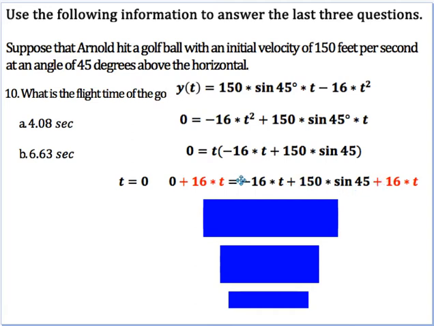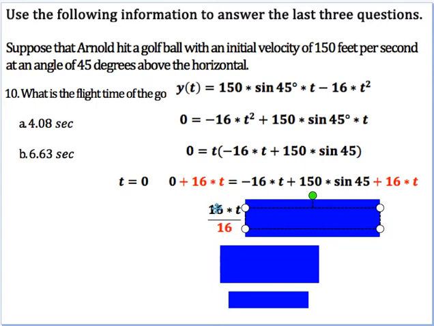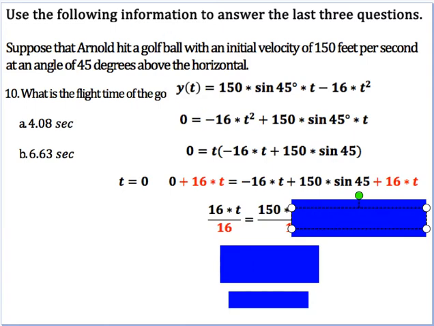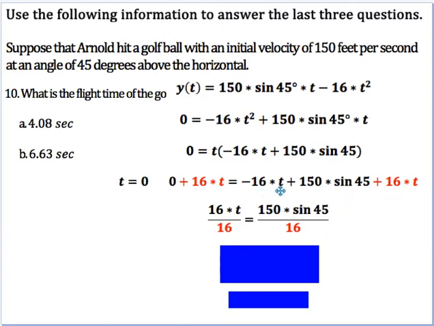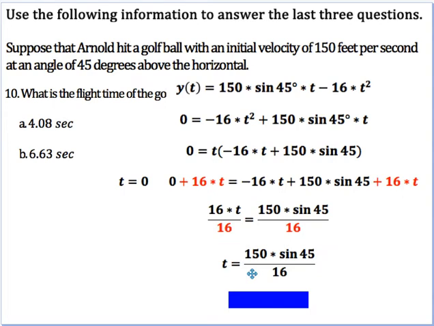So the easiest thing to do would be to take this negative 16 times t and add 16 times t to get rid of this here. So what happens is I get 16 times t on the left side, and on the right side, I just have this 150 times sine 45. Well, I want t by itself, so I'm going to divide by 16 on both sides of the equation, and that gives me t equals 150 times sine 45 divided by 16.